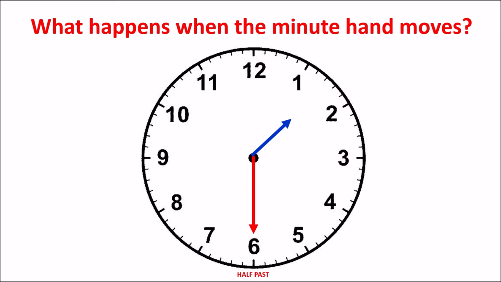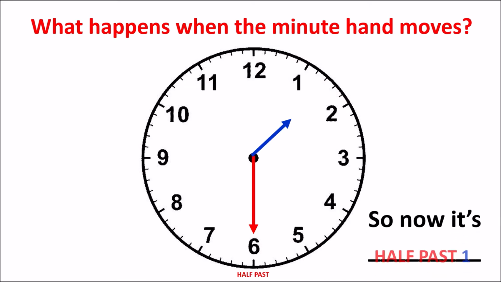And another way that we say that is half past 1. We don't have to say 30 minutes. We can just say half past. But if you want to say it's 30 minutes past 1 or 30 minutes after 1, you can say that as well.